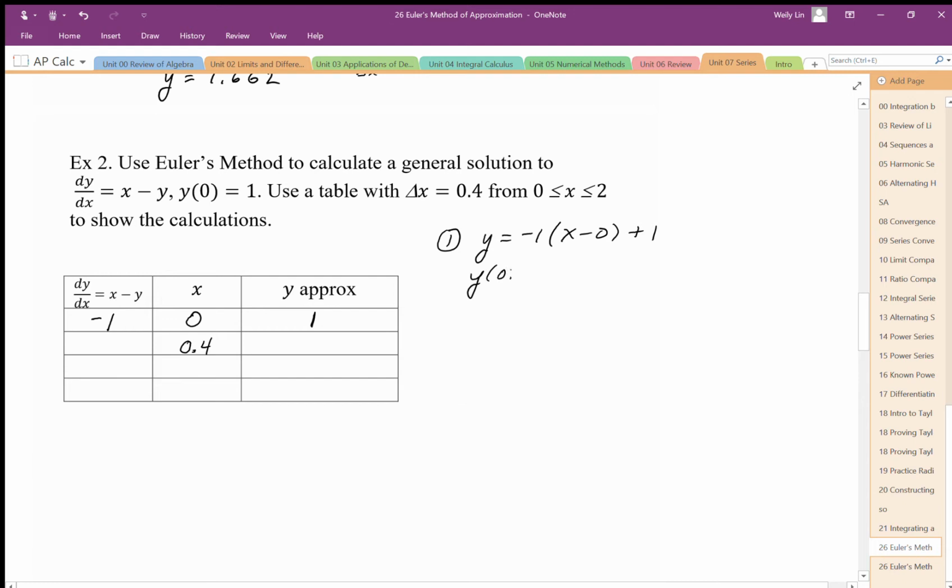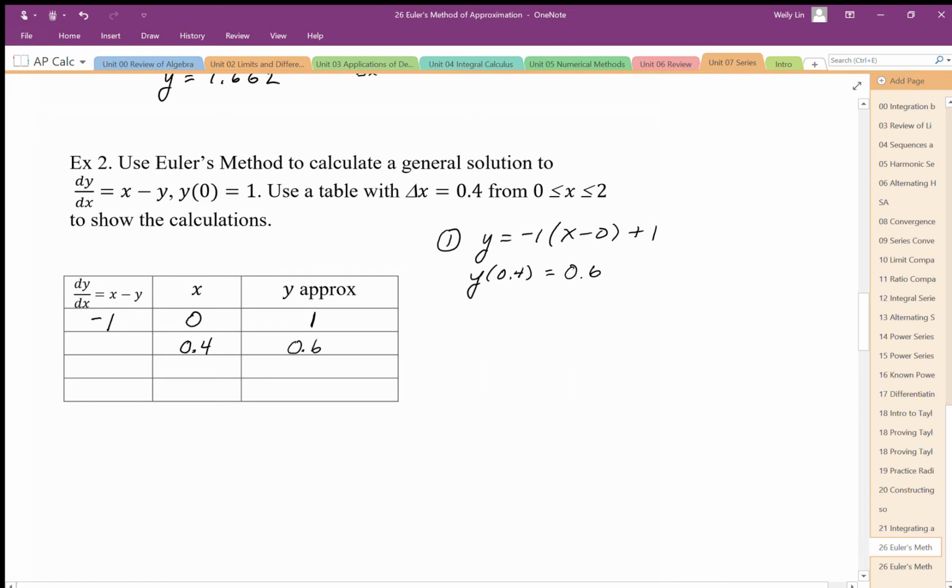When I plug it into this equation, I'm going to get negative 0.4 plus 1, so that's going to be 0.6, it looks like. So 0.6 is my next coordinate.